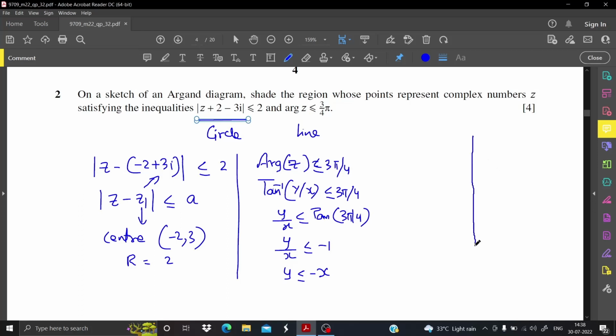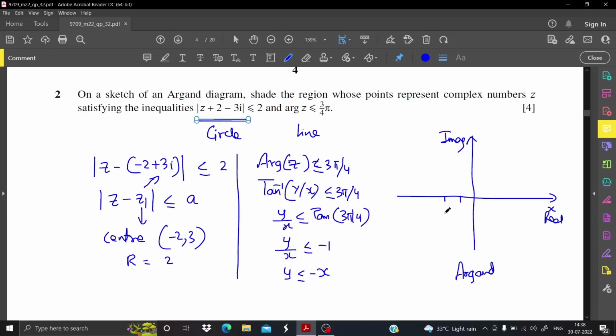So it's a sample sketch. You can draw the x and y axis. This is the real axis here, and this is the imaginary axis. It's called the Argand diagram. Now the center here is -2, 3, so -1.